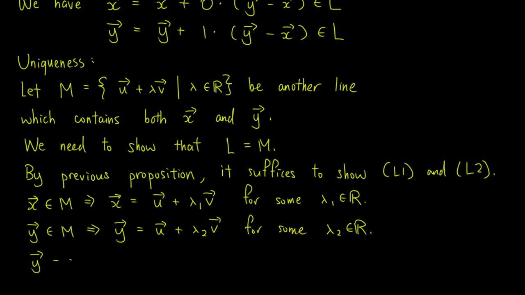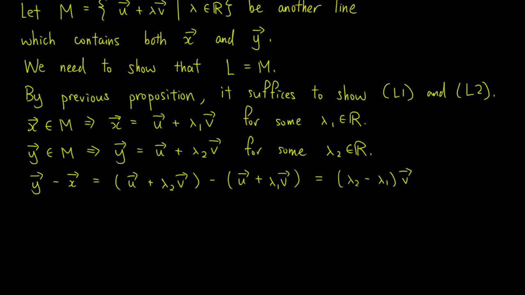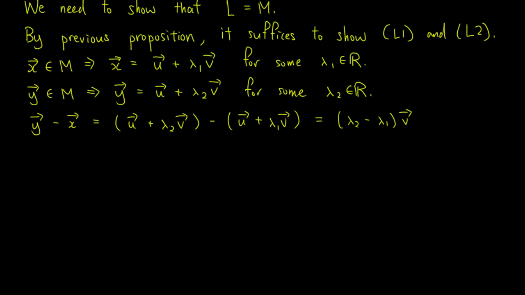Hence, y minus x equals u plus lambda 2 v minus bracket u plus lambda 1 v, which equals bracket lambda 2 minus lambda 1 times v. In other words, we have written the direction vector of L, namely y minus x, as a scalar multiple of v, which is a direction vector of M. Hence, the condition L1 holds.